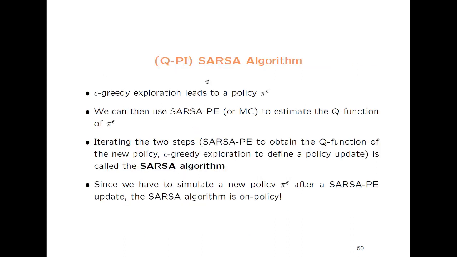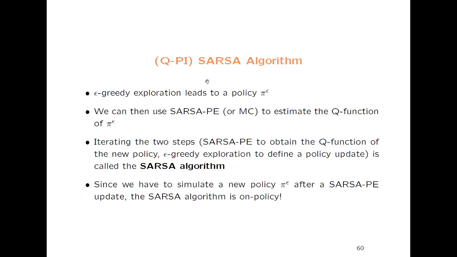And then there's the Q policy improvement, the policy iteration SARSA algorithm. So we are using the epsilon greedy policy pi epsilon, and then we use the SARSA policy evaluation to estimate the Q function which belongs to this policy.